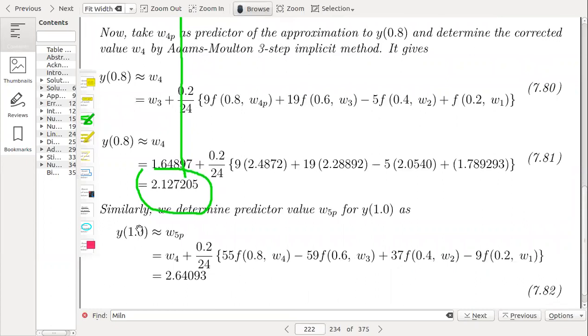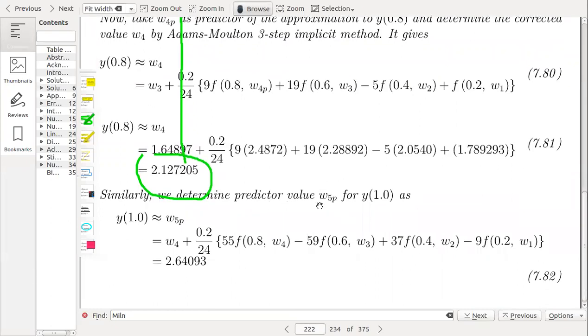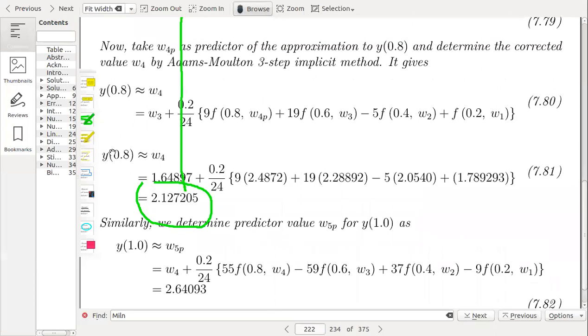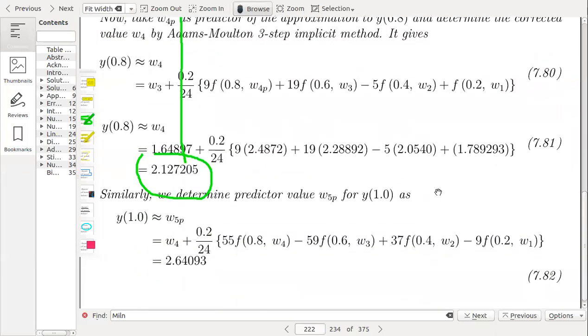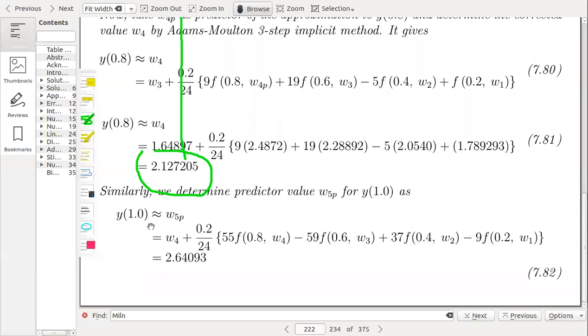Similarly, we determine the predictor value W5P. We denote P for the predicted value at y equal to 1.0, because if you add the step size to 0.8, you will get 1.0. So y at 1.0 is approximately equal to W5P, which is 2.640993. So when we apply this formula, we get this value.